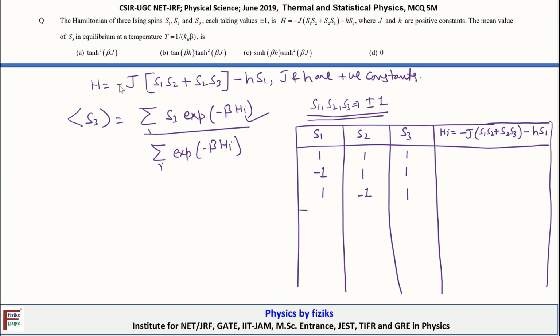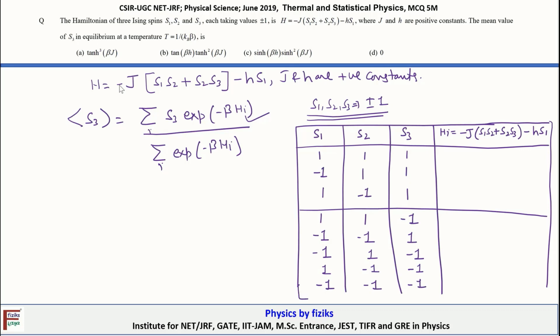Okay, and there are a few more values which are feasible for all these three spins: 1, minus 1, minus 1, minus 1, minus 1, plus 1, minus 1, 1, minus 1, and then 1, minus 1, minus 1, and then all with negative minus 1. So these are the possible options available for the three spins S1, S2 and S3.